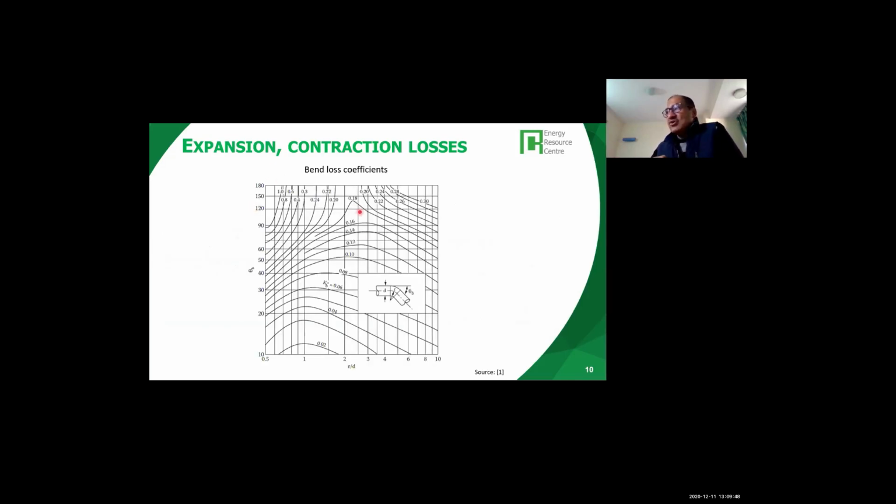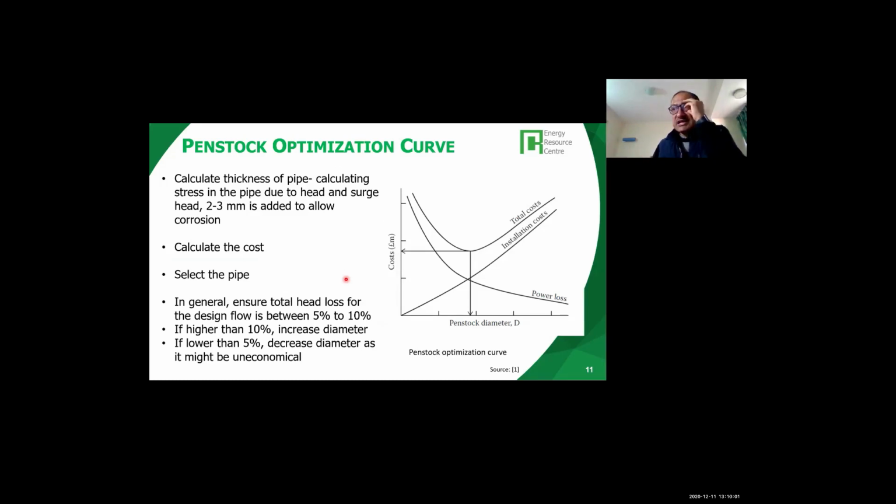And for the bend losses, when you have a bend, this is the value for K. So these are for expansion, contraction, and bend losses. We calculate these losses, and based on all of these losses, you calculate the power loss and the energy generation.